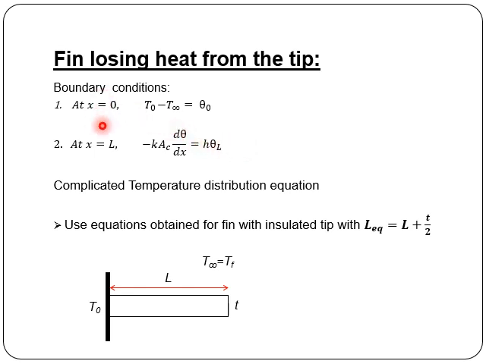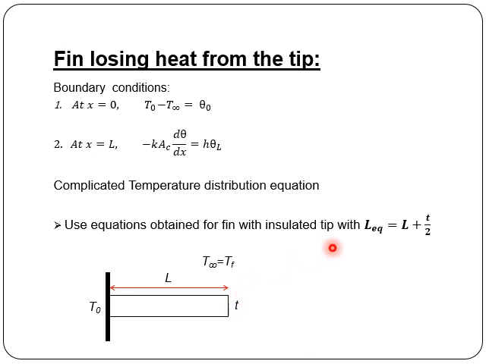So in that case we simplify it by using the expressions which are obtained for a fin with an insulated tip. The only thing is, instead of L, which is responsible for convection in a fin with an insulated tip, you also have some more area because of the thickness of the fin, which is available for heat exchange.